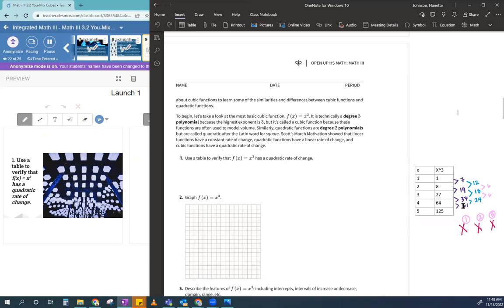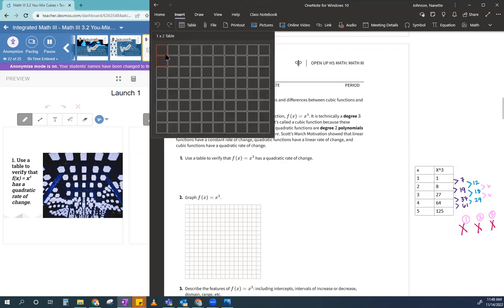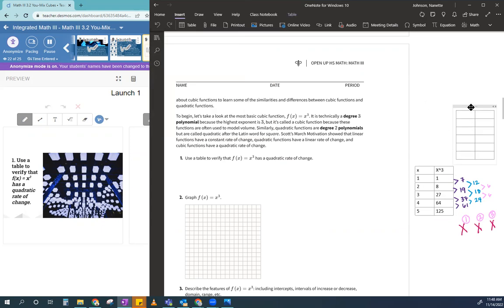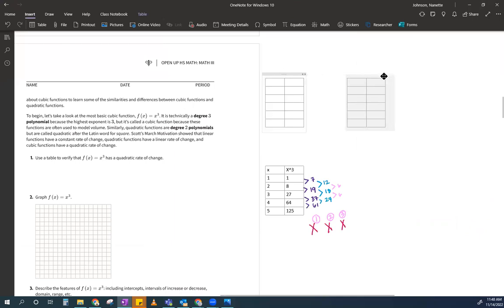So for the rate of change, let's say I give you another table. I want this off to the side, and I copy my differences here, so I go 7, 19, 37, 61, and this is 1, 2, 3, 4, and so on.